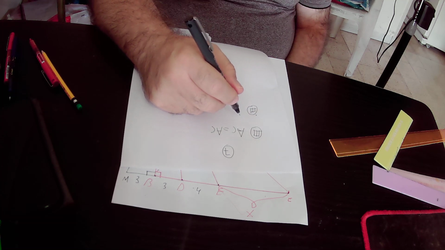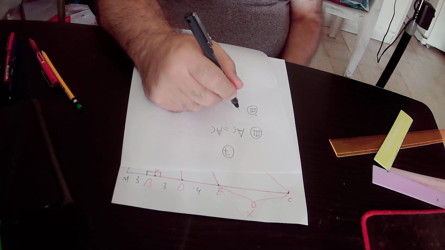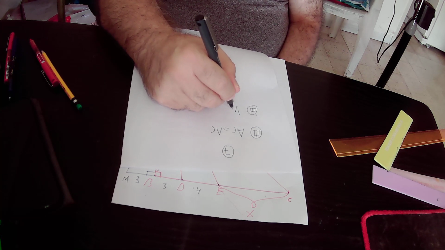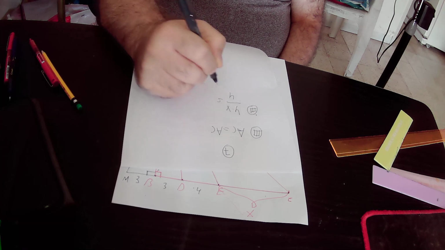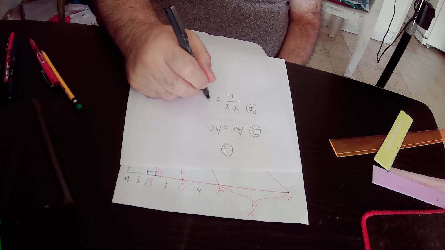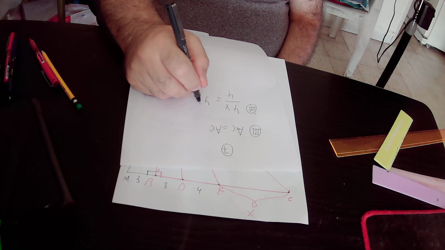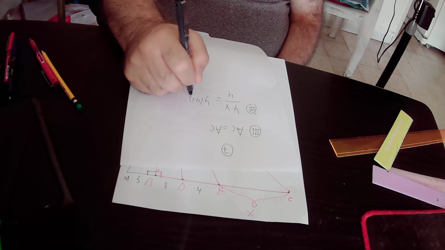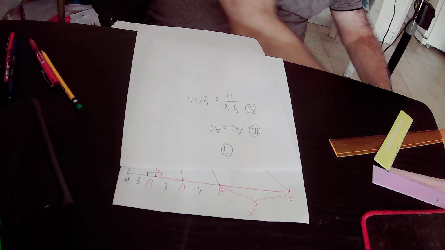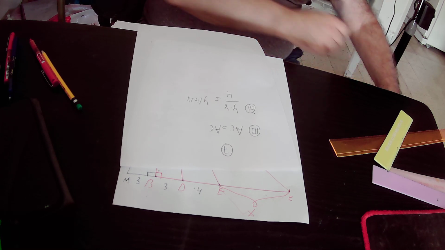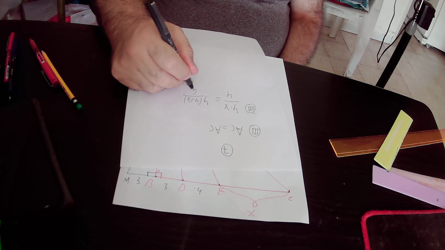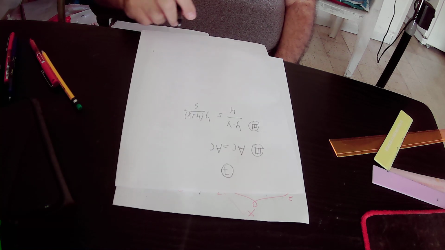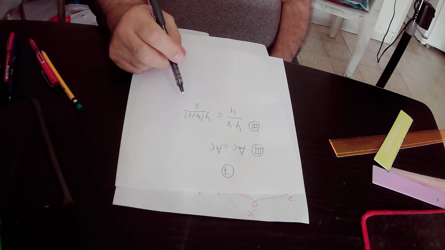AC according to equation number 1 is y times x over 4, and AC according to equation number 2 is y times (4 plus x) over 6. Here we will divide equation number 3 by y.